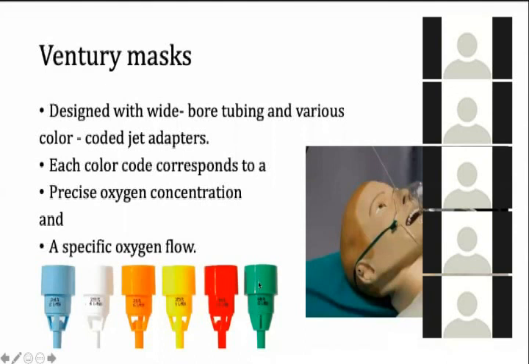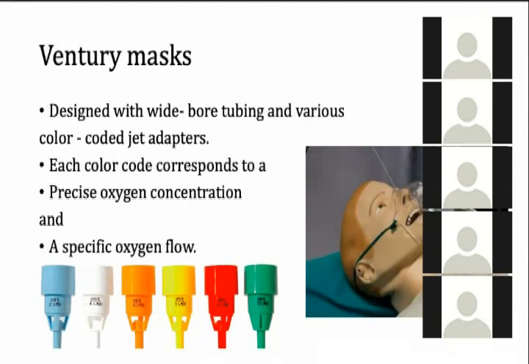For instance, if it is the green one, it says 60% at a flow rate of 15 liters per minute. So if you want to get the desired fraction of oxygen to the patient, you need to adhere to the flow rate that is labeled on the device.